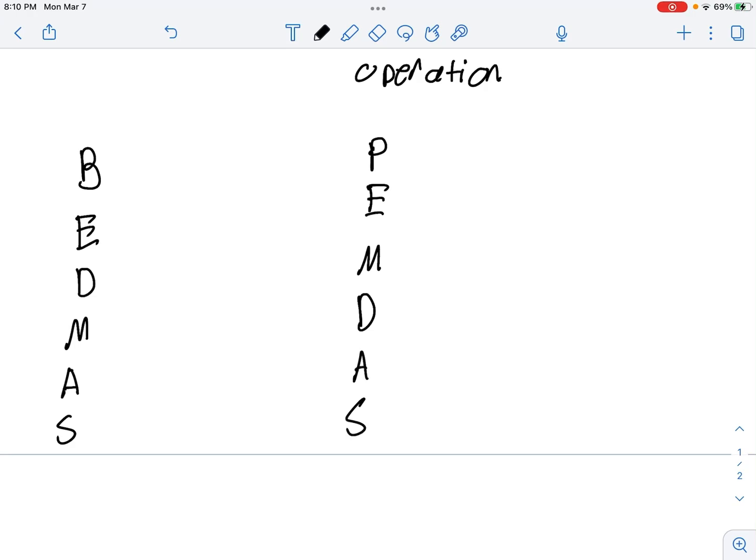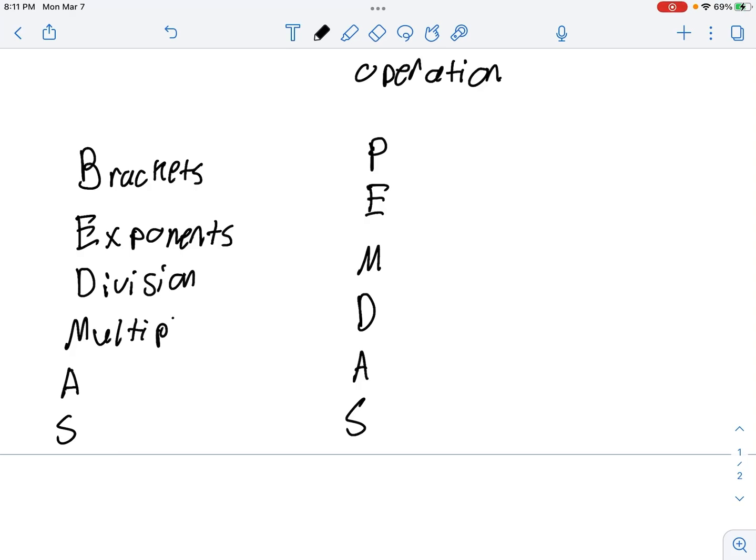So BEDMAS is basically brackets, exponents, division, multiplication, addition, and subtraction.